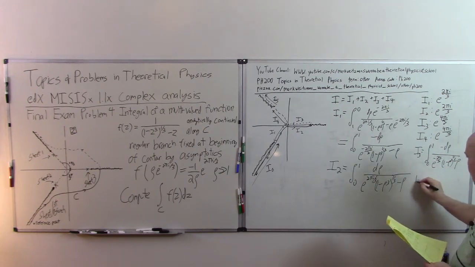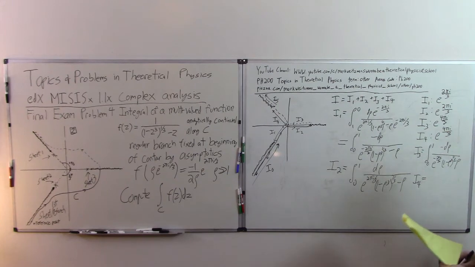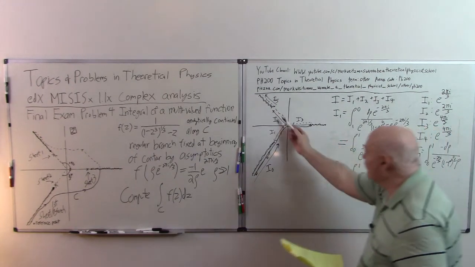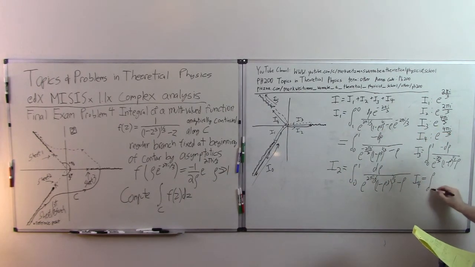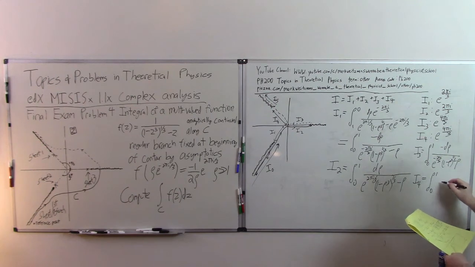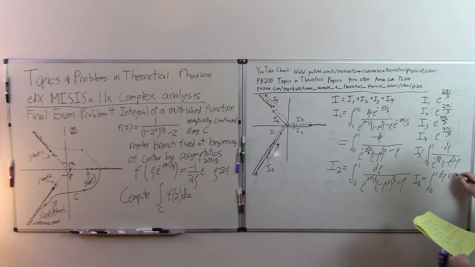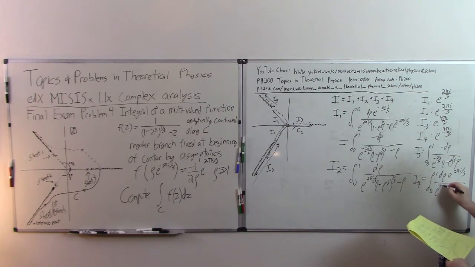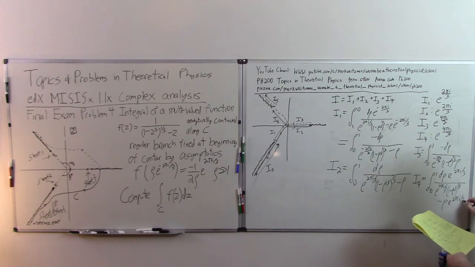And now I4, we're going out this way. So this is the integral from 0 to 1, d rho e to the 2 pi i over 3 divided by e to the 4 pi i over 3, (1 minus rho cubed) to the 1/3 minus rho e to the 2 pi i over 3.